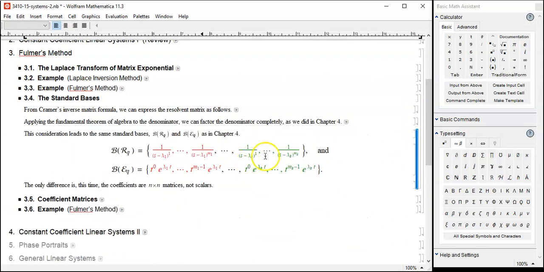And then the basis functions will have to look like these, because we have these kinds of fractions if we take the decomposition by partial fractions. So the basis functions will be like this. These are the eigenfunctions. And then we have M1 times this, M2 times this, M3 times this.